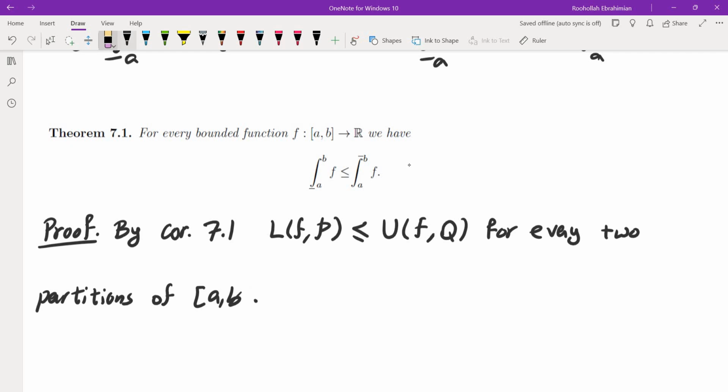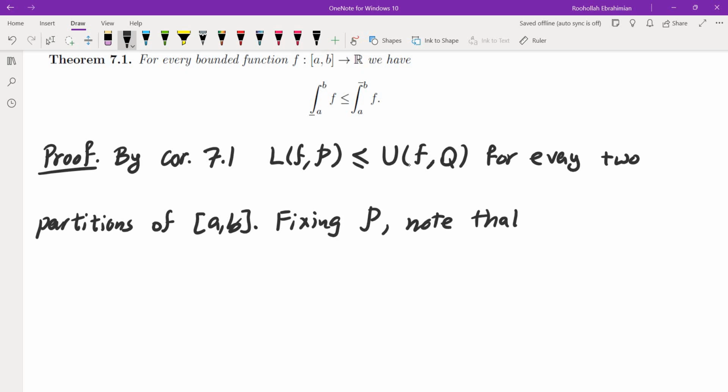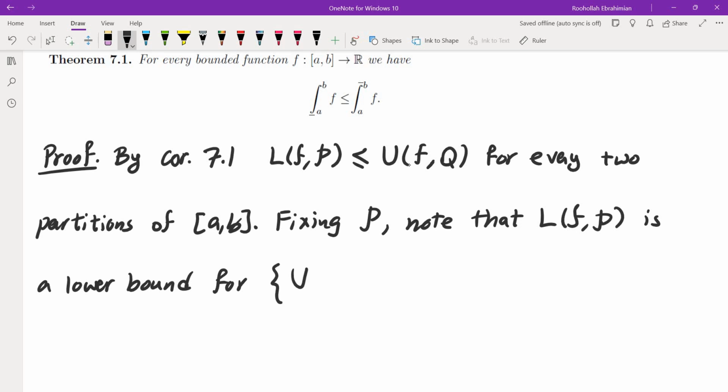Now, fix your partition P. So fixing P, note that this lower sum of f with respect to P is a lower bound for the set of all upper sums, where Q is a partition.